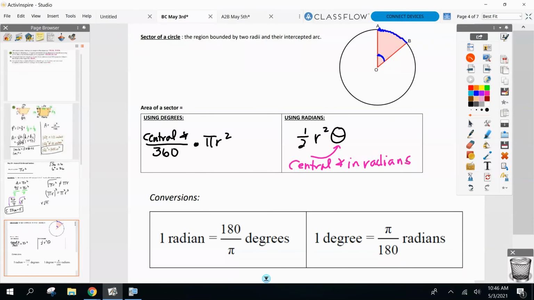At the bottom is how to convert, because I don't have time to review it: what do I multiply by going from radians to degrees, and from degrees to radians? Do you remember both formulas, or roll the dice and remember one but be able to convert? I'll leave that decision up to you.